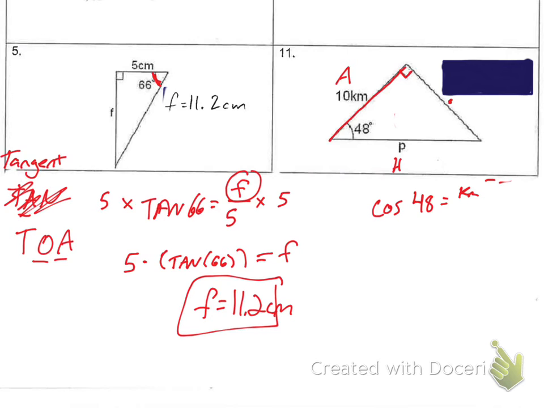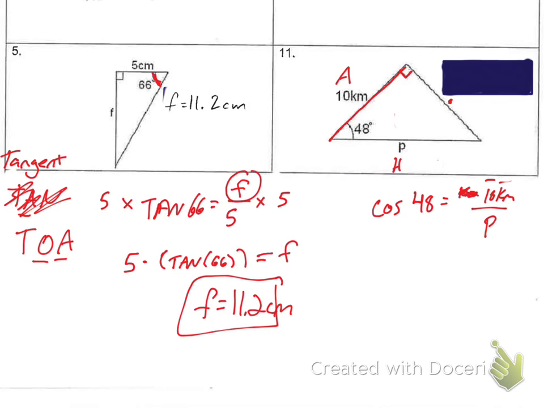So I believe, and I'm just going to go with this, cosine 48 is equal to the adjacent, which is 10 kilometers, over, not 48, what am I doing? P, which is my hypotenuse.